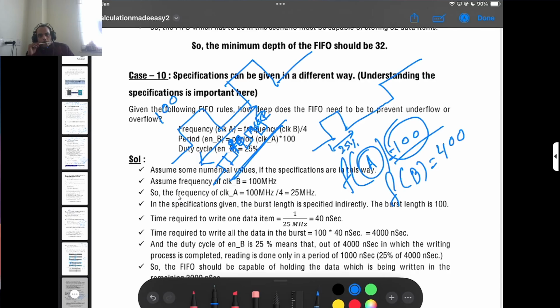So the frequency of clock A is 100, this is 500, this is 400. But for the entire period enable B is on, so that's not a problem. But the duty cycle is 25%, so I need more cycles. How many cycles are required?